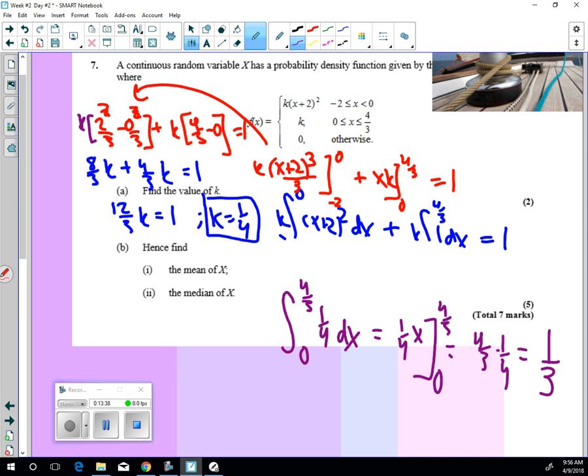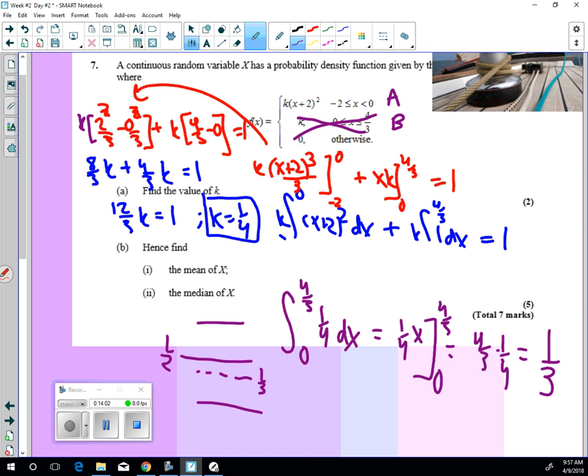Okay. I'm going to make a little scale here. 1/3 is right here. We want the median, 1/2. Where is that going to occur? Is it going to occur in A region or B region? A region for sure. So don't even mess with this.